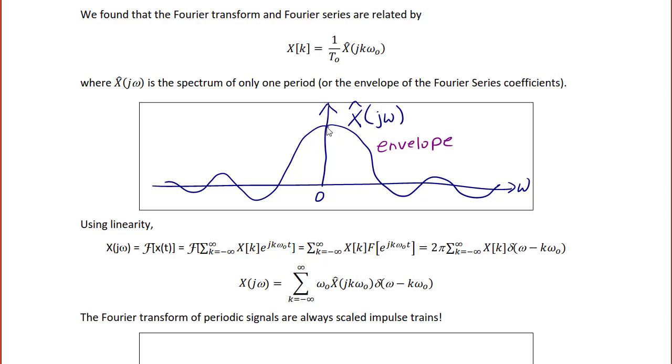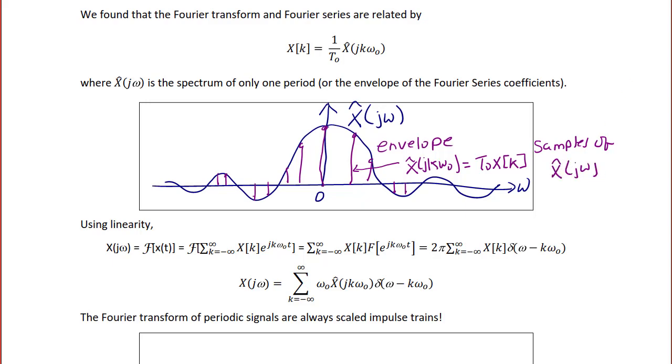So the Fourier series coefficients would be here, here, here. So they're tracking the envelope of the Fourier transform. And we would call these x̂(jkω0), which is equal to T0 X[k], and we call them the samples of x̂(jω).